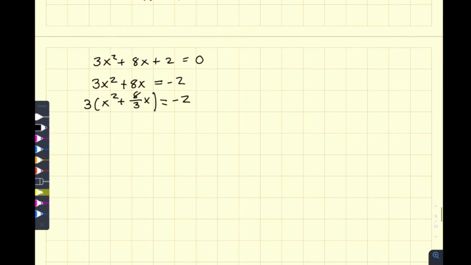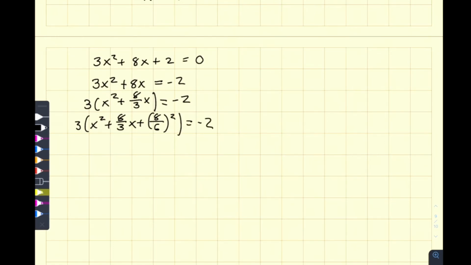Now I'm going to add half of this coefficient squared inside. So then this will be 3 times (x squared plus 8 over 3 x plus 8 over 6 squared) equaling negative 2.